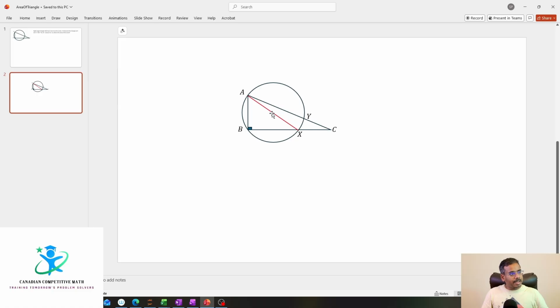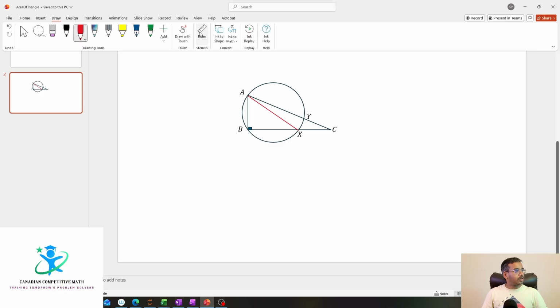So since AX is the diameter of the circle here, and AY is a chord, XY is also a chord. So since AX is a diameter, AY and XY at point Y also form a right angle.